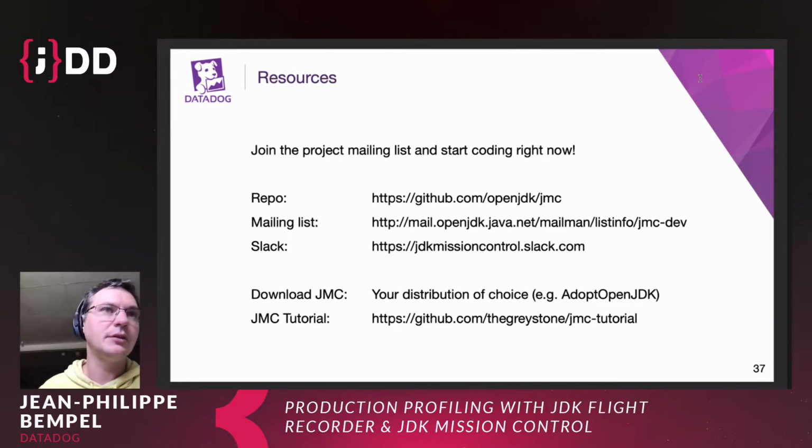So if you have questions about GMC, if you want to improve things, you can connect to this Slack and ask questions. You can download GMC with the distribution of your choice: Oracle or Azul, Bellsoft or Adoptium. You have a GMC tutorial if you're not familiar with GMC yet at this address. It's the Marcus Hirt GitHub, who is the lead of GMC.